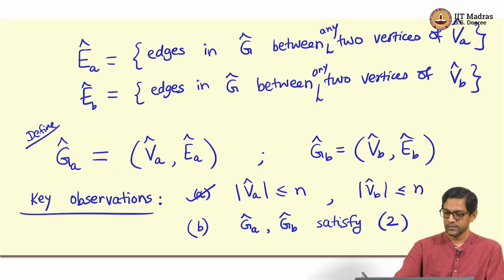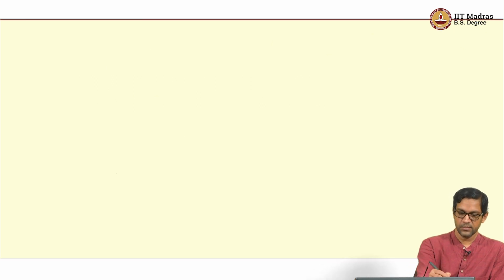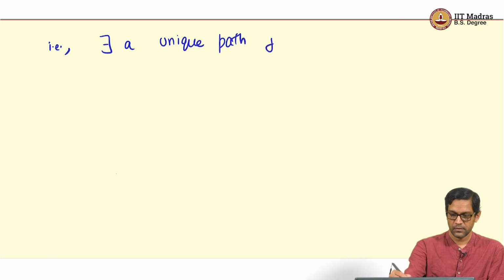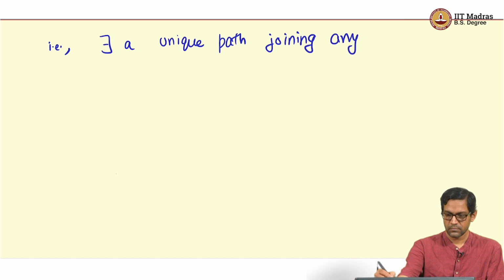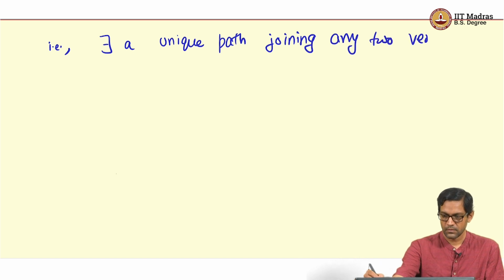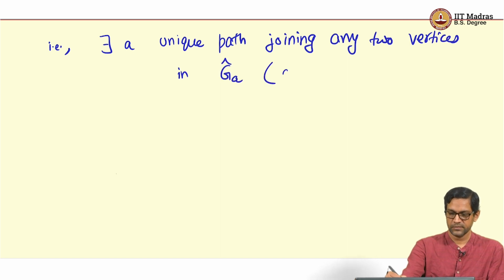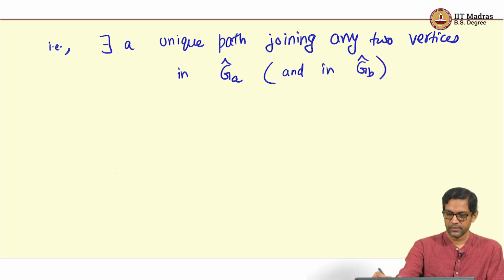It said that there exists a unique path joining any two vertices in the graph GA hat, okay, and likewise similarly in the graph GB hat.